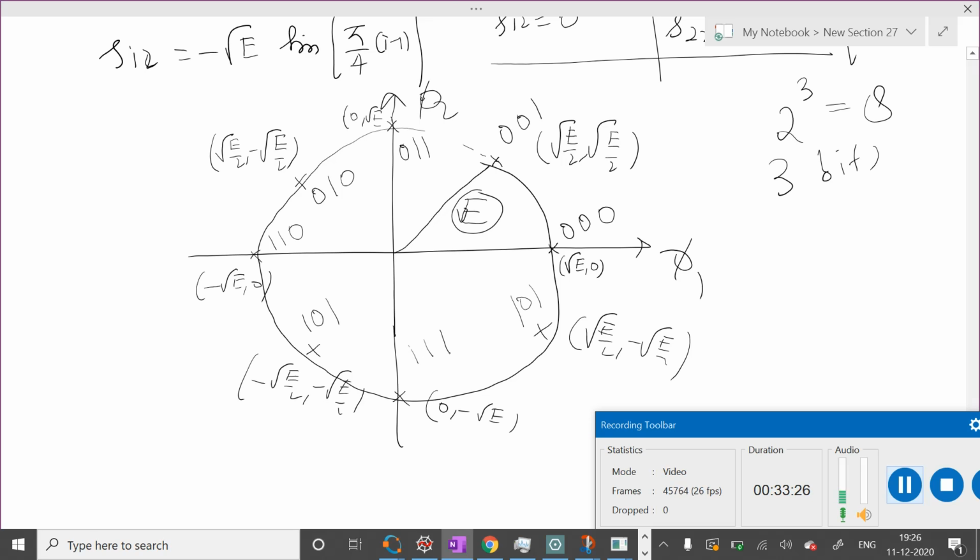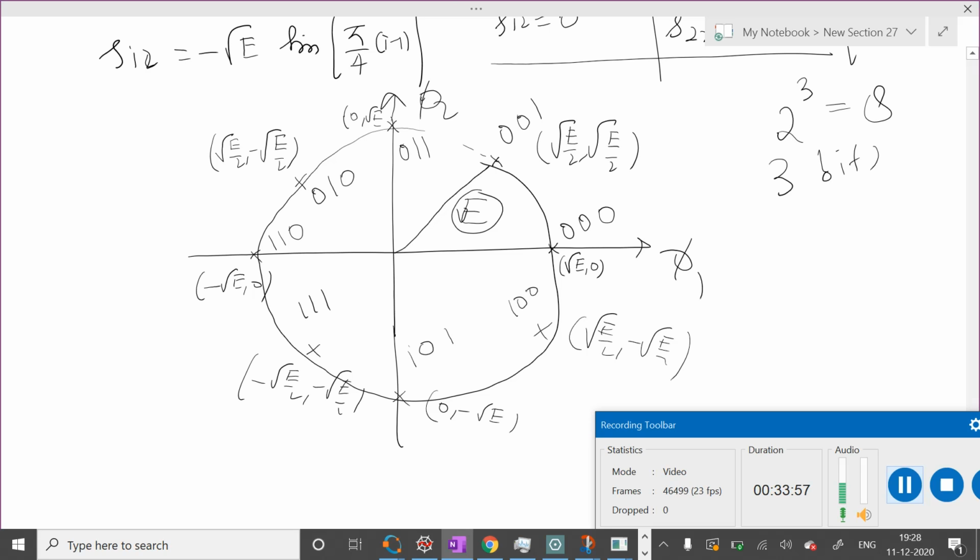I think this works fine, but then, no. If I put here 111 and then here 101, yes, now it works fine.